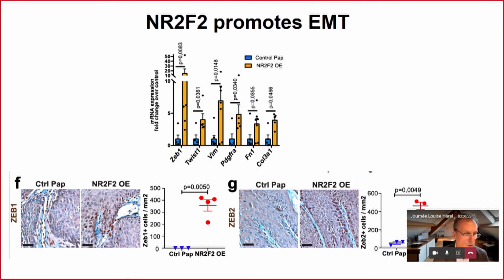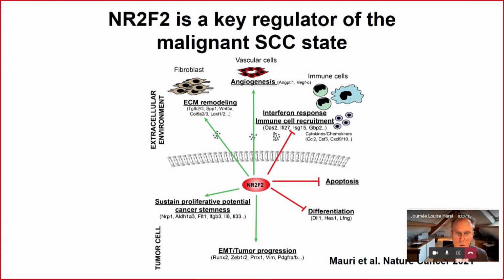And for example, if you check the markers and genes that Thomas showed you are of key importance in tumors, like ZEB1, they were massively upregulated following gain of function and downregulated following loss of function. Next slide. So altogether, what we found is that NR2F2 is very important for regulating this malignant tumor state, and it does so by regulating different programs.